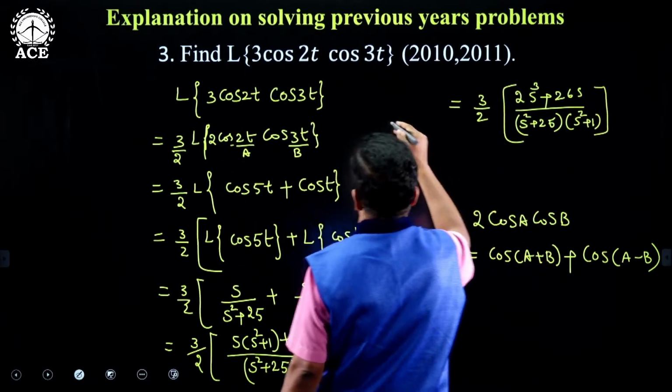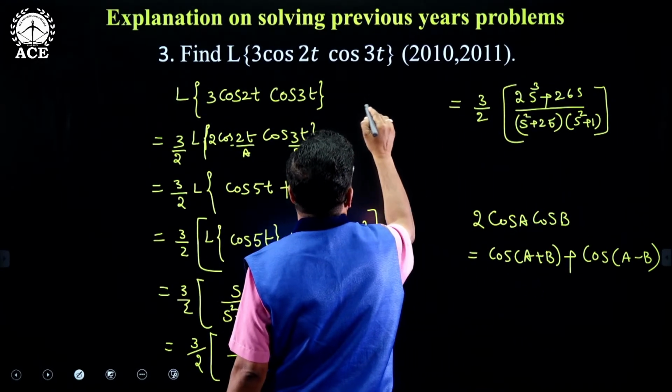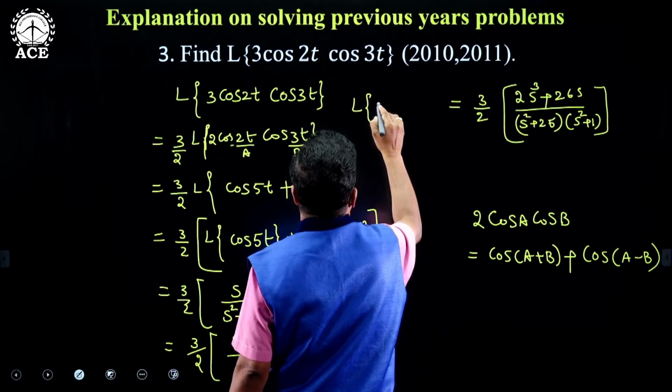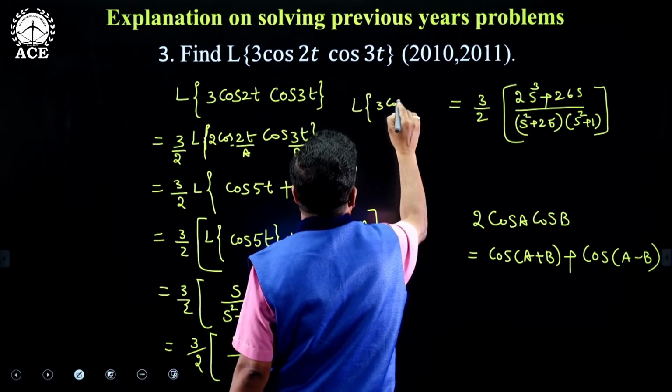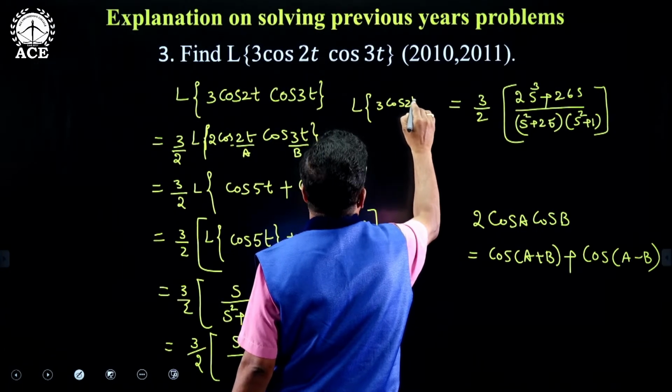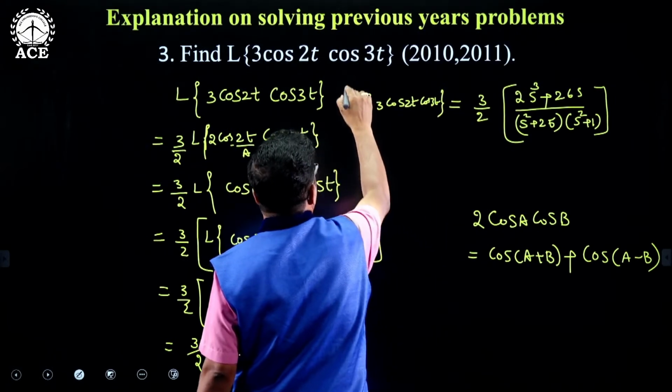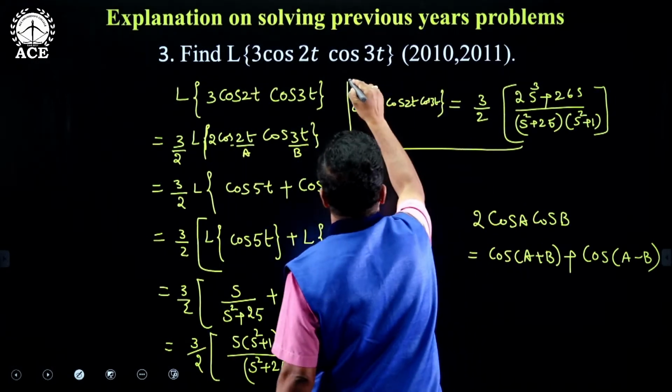So this is the Laplace transform of 3 cos 2t into cos 3t. Okay.